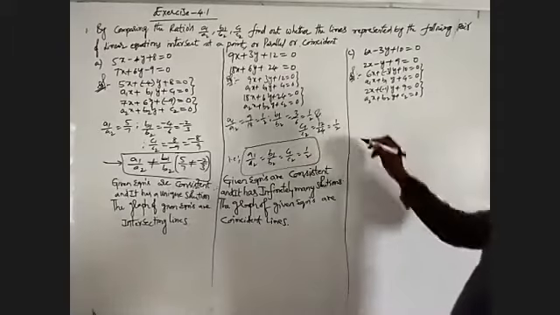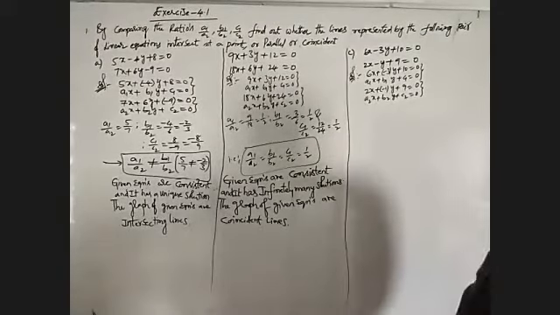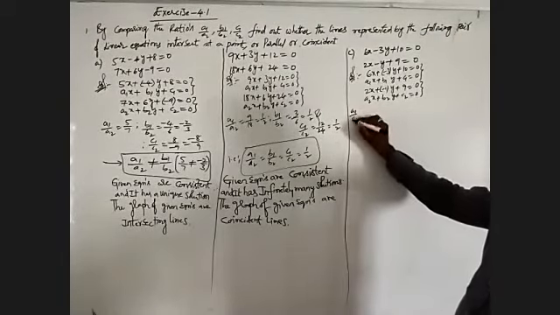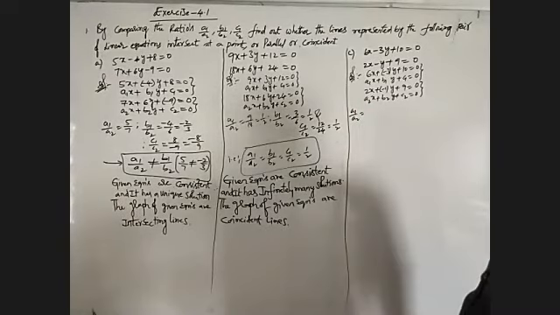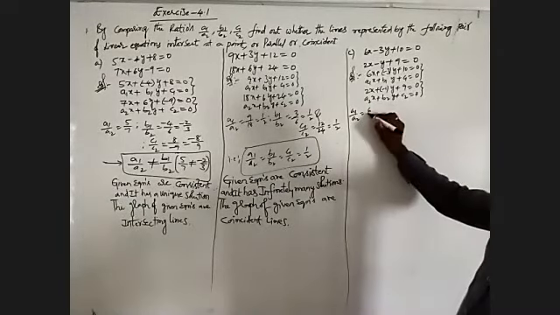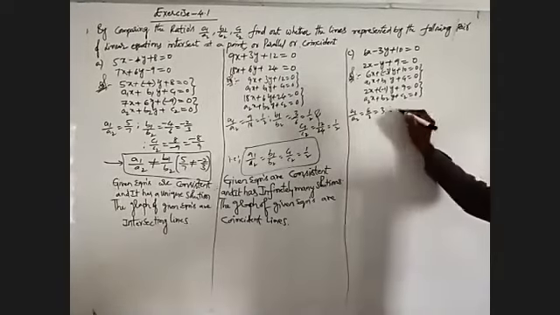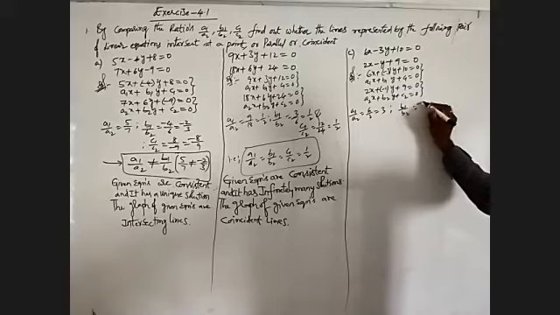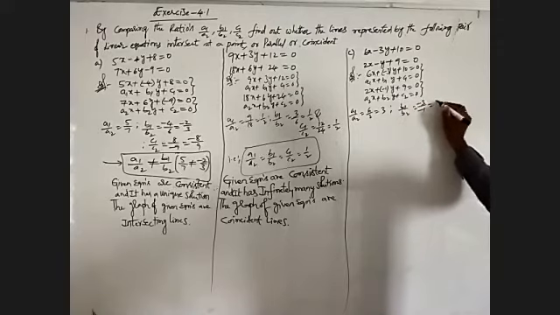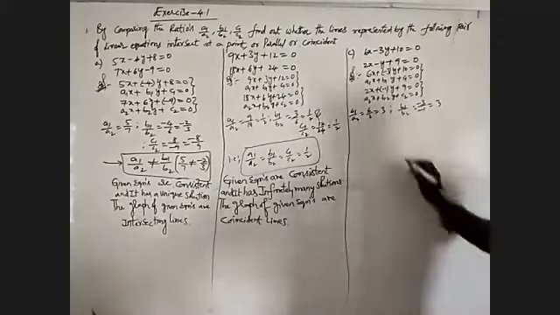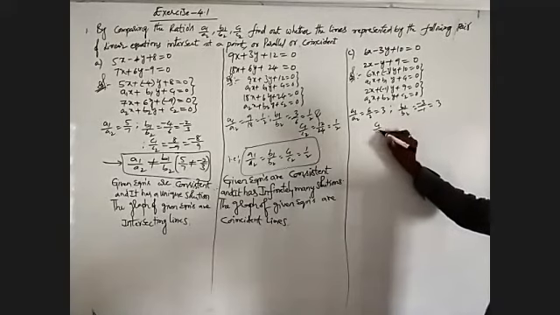Here we compare the ratios of the coefficients. First a1 by a2 is equal to 6 by 2, that becomes 3. After, b1 by b2 is equal to minus 3 by minus 1, that is equal to 3. And c1 by c2 is equal to 10 by 9.